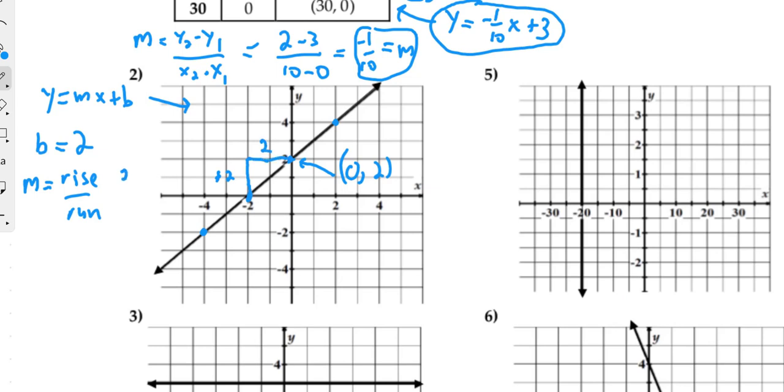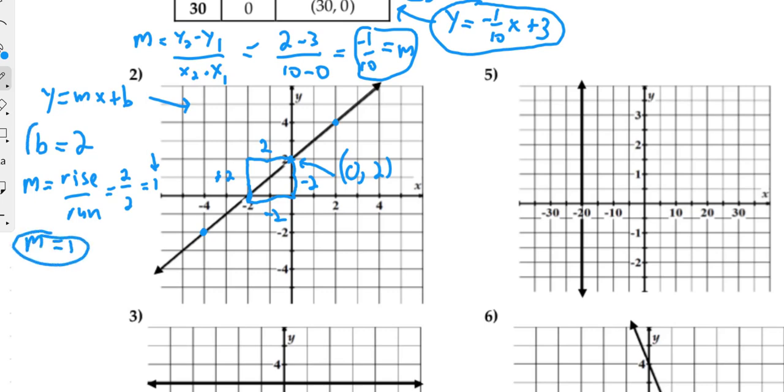So my rise over run is 2 over 2, which equals 1. That's my slope, 1. I could have also gone down 2 units, negative 2, and to the left 2 units, negative 2, and I would end up with negative 2 over negative 2, which is still positive 1. So my m equals 1.